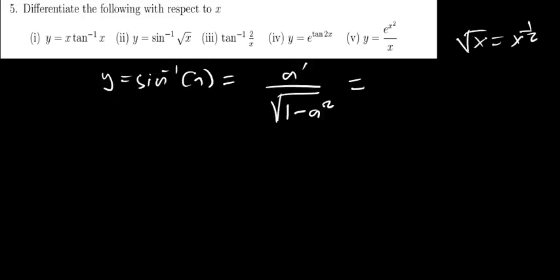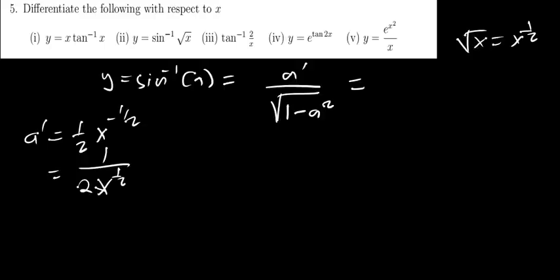So we differentiate that, meaning that my a prime in that case is, this is half, this reduces by 1. In simple terms, 1 will go on top. This is now x to the power half, which is the same as 1 over 2 root x.